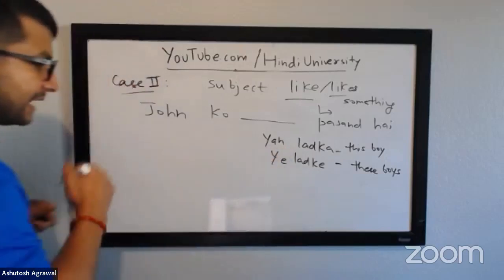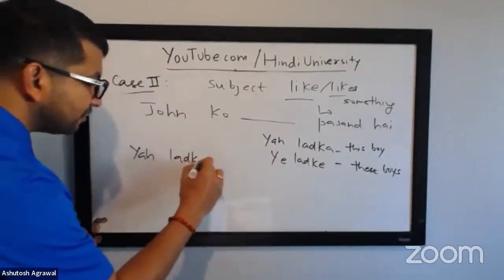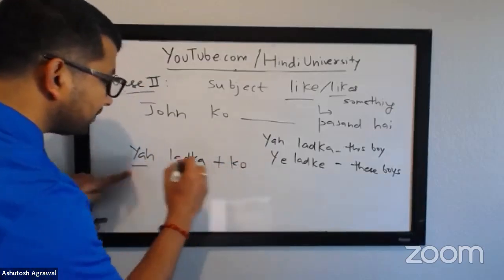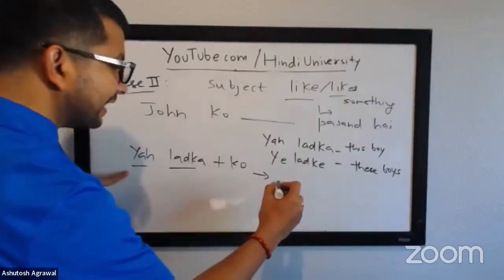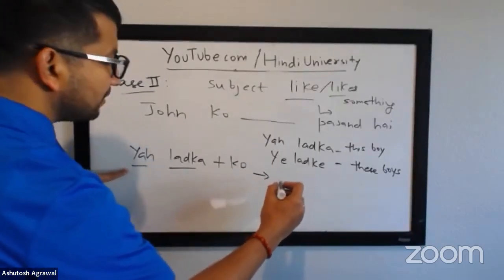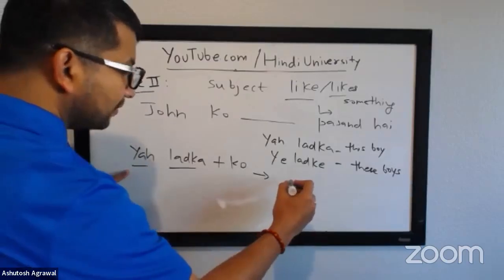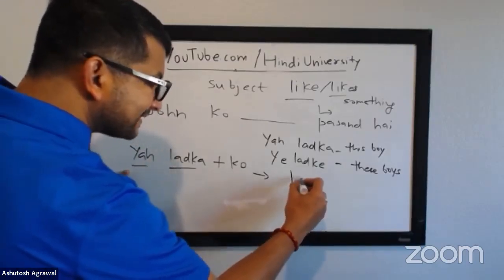So when you have yeh ladka with ko, both of them will become oblique. Michelina, you want to try it out? Oh, ye ladke ko. Okay, so it will become is.